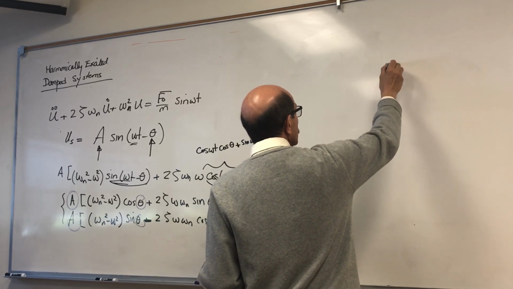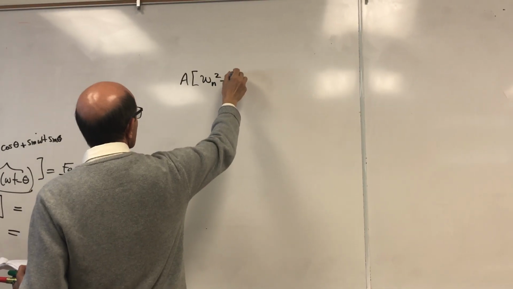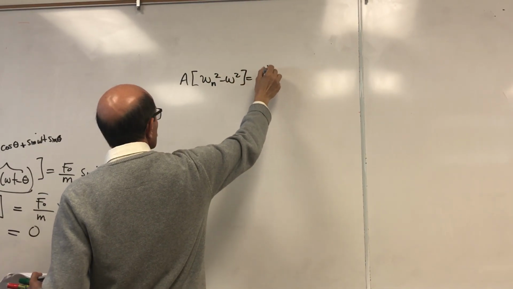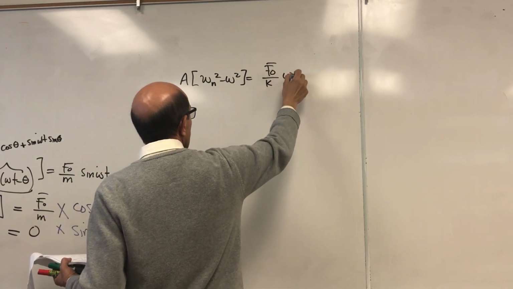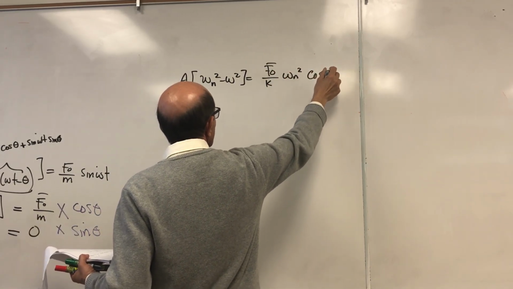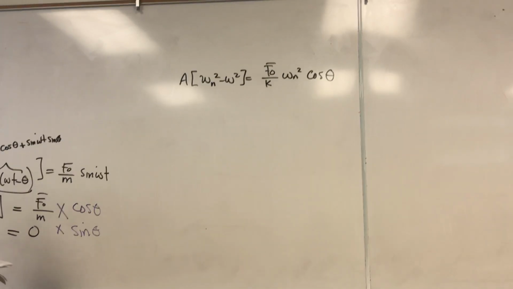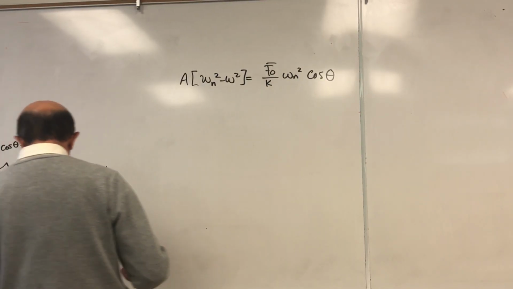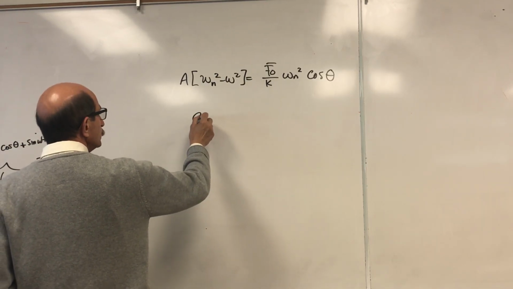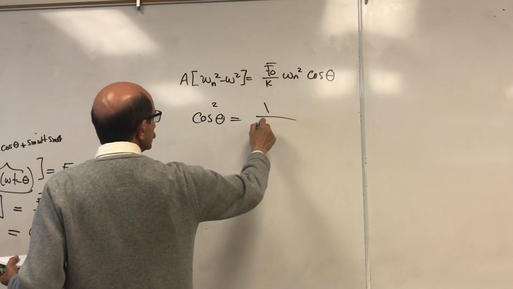You get A times (omega n squared minus omega squared) is equal to F0 over K times omega n squared cosine theta. And in order to find A, so that's what you're trying to do, you then use another identity, which is this.